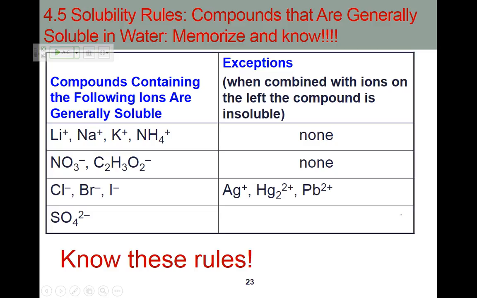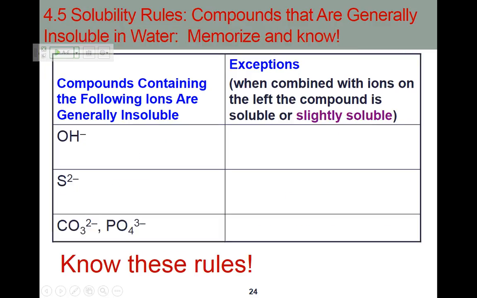We're talking about ionic bonds. And then SO4 2- is generally soluble, but again, not with silver. Silver is problematic, and so is lead. You'll see that often. But also not with our column 2 metals. So SO4 2- is not soluble when it's attached to calcium, strontium, and barium. Those are all in that second column in the periodic table.